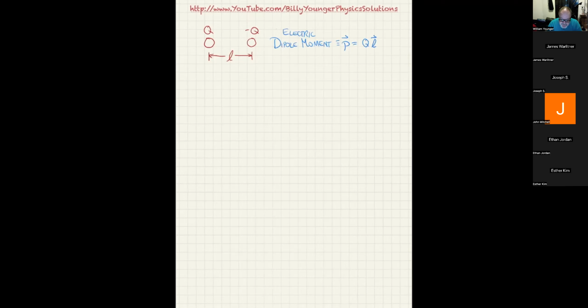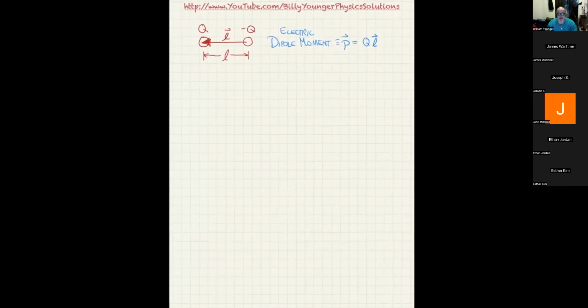But in fact, this vector right here is the L vector. In other words, it points from the negative charge to the positive charge. Okay. Because of that creation that we did, and that's the dipole.